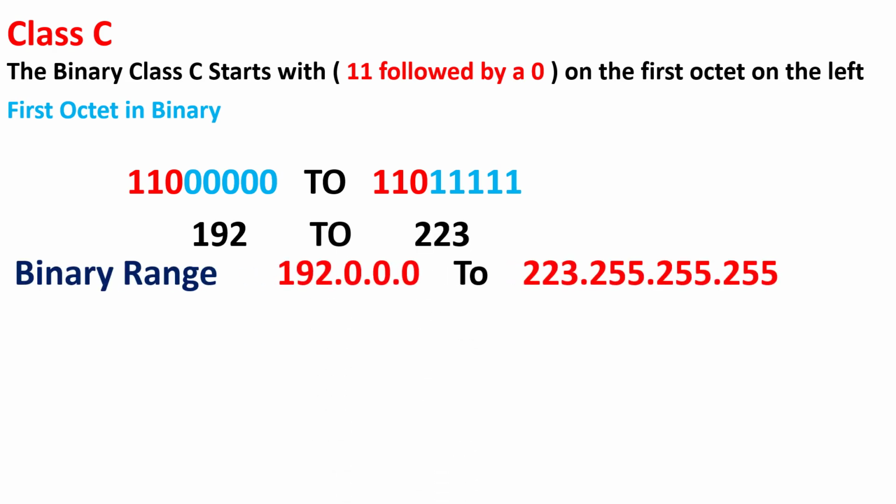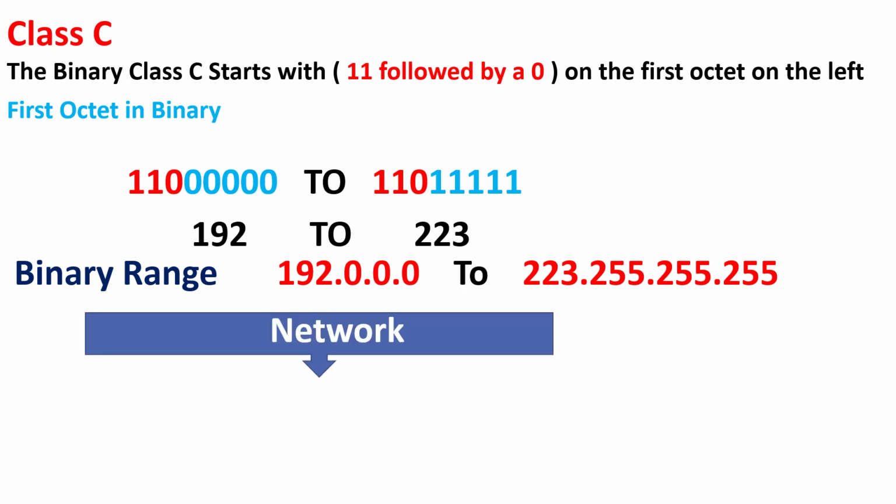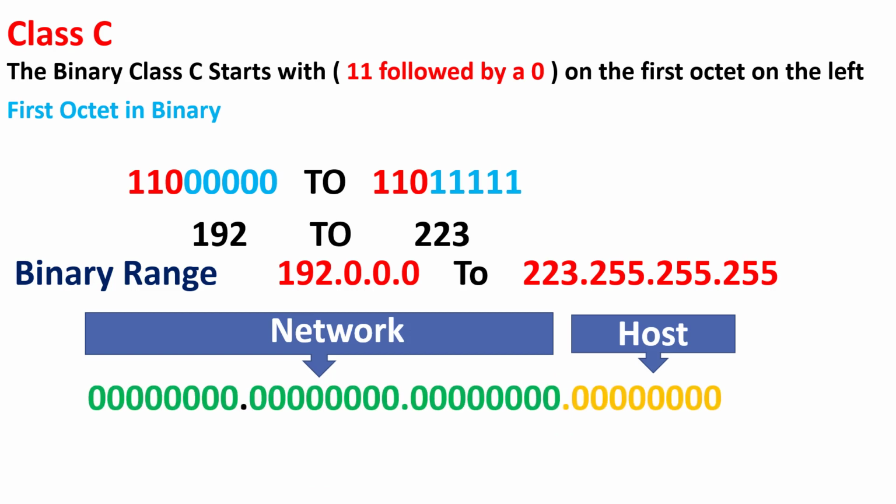The binary range for class C is 192.0.0.0 to 223.255.255.255, and we have the host portion. This in green is the network portion for class C, and the remaining 8 bits, or the octet on the right, are for the host portion.